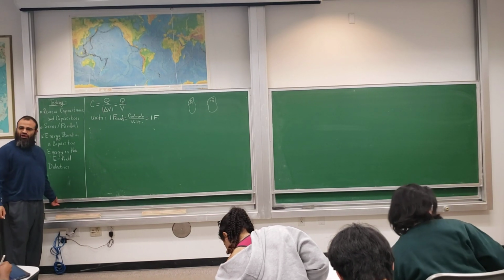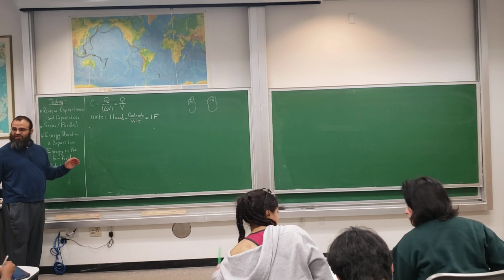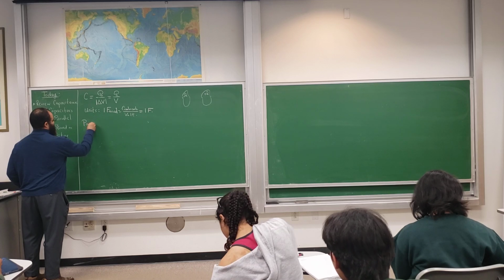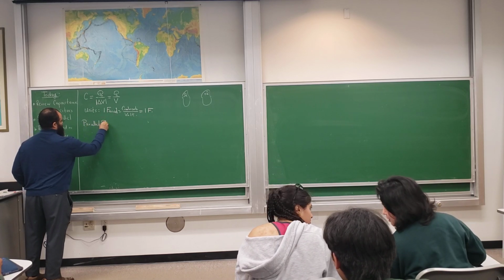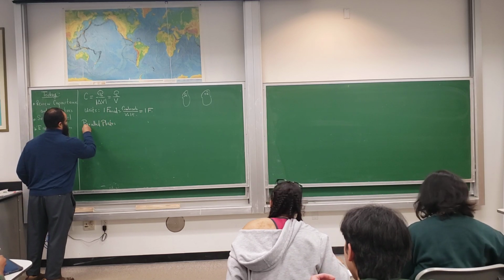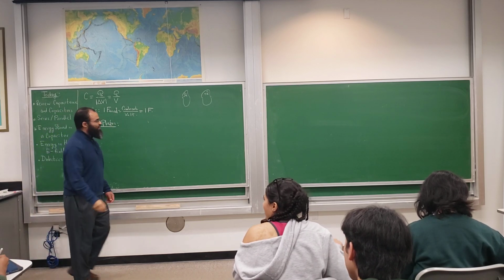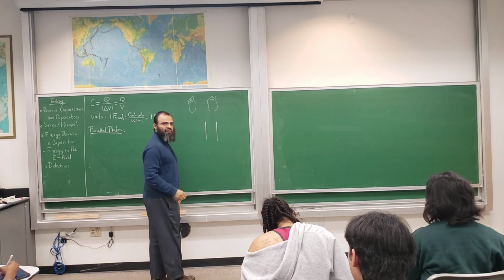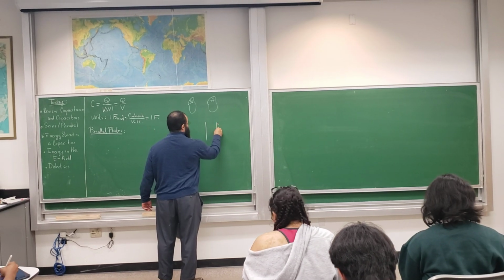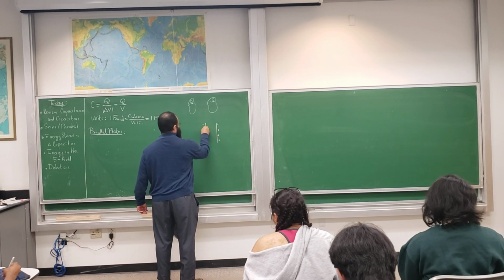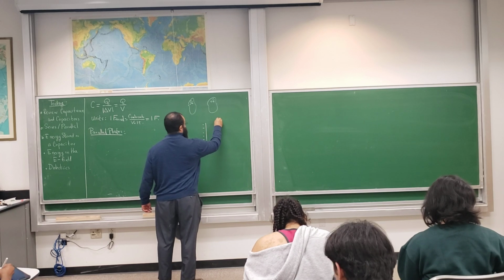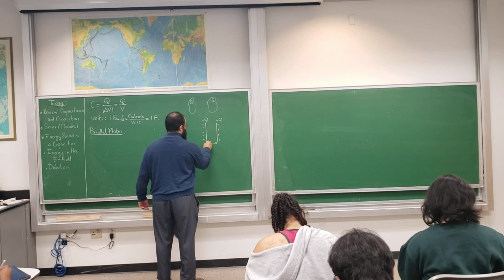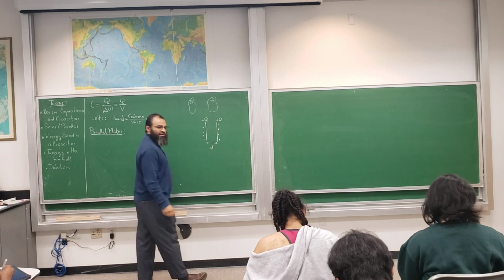Now, let's talk about specific shapes and what the capacitance is. So for parallel plates, you have a plate here and another plate here, and this one might have some charge, might be positive, this one would be minus, so plus Q or minus Q. The distance between the two plates is D, right?